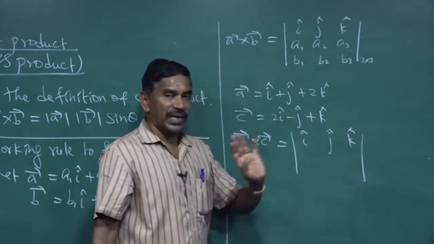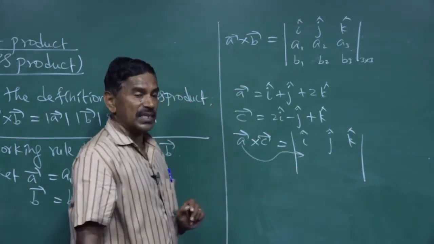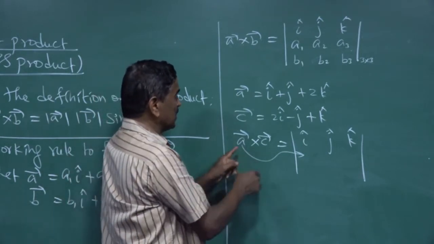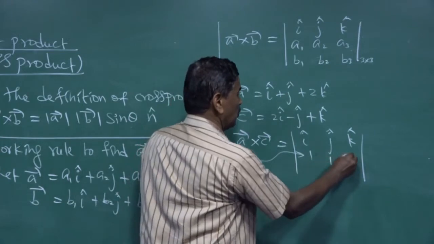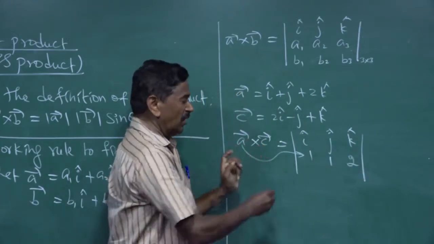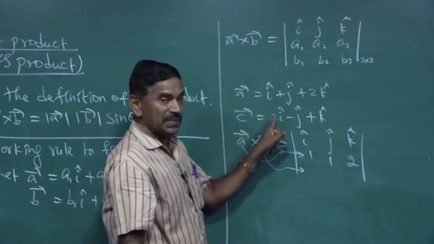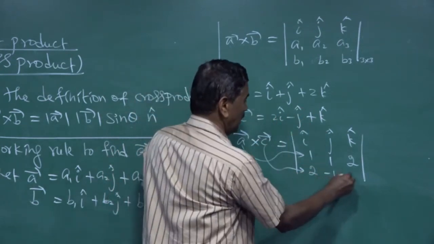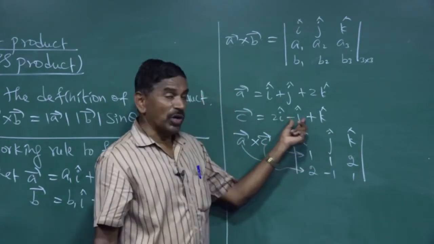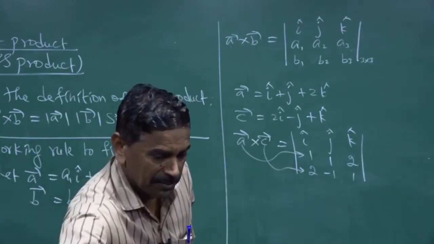First A vector, so A vector coefficients in the second row: 1, 1, 2. Second is C vector, so C vector coefficients in the third row: 2, minus 1, 1. Sometimes if any component is absent, consider it as 0.